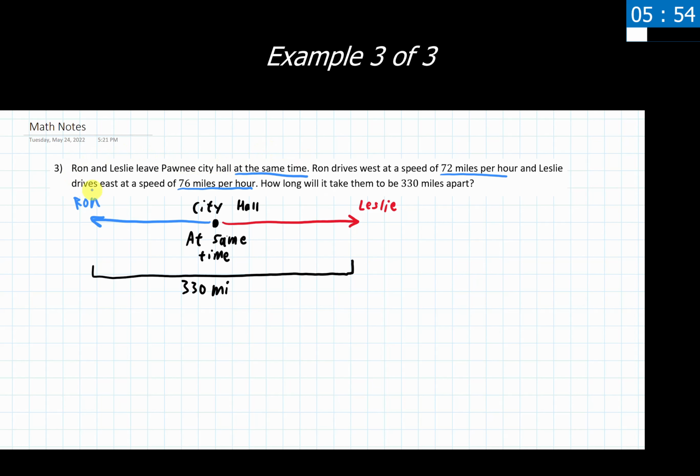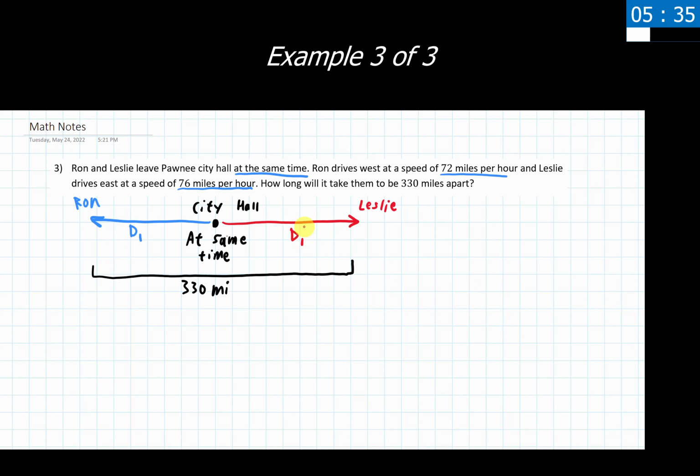Is there any indicator in the problem that would tell us that these two distances are going to be the same or different? Well, nothing says they're the same, so our only option then is to assume that these two distances are different.